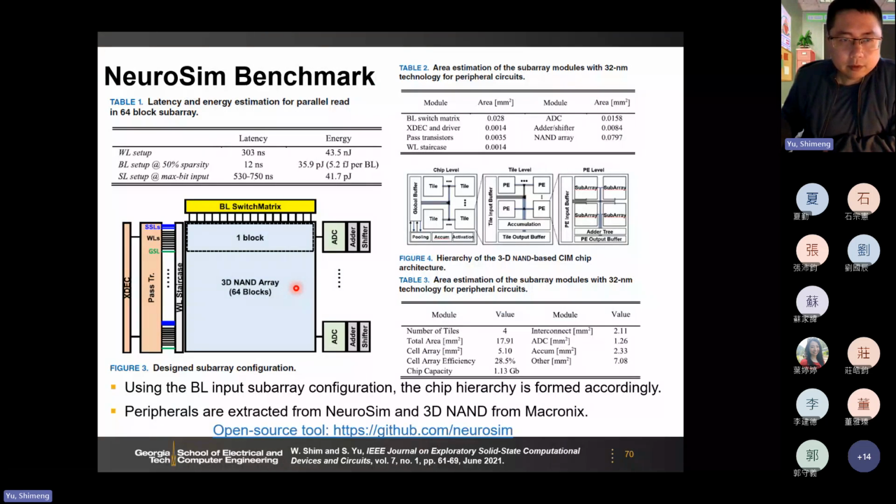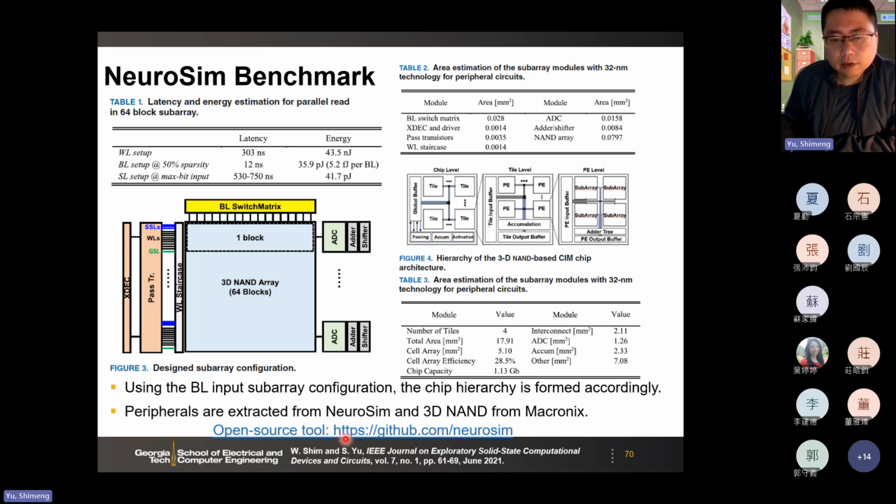Anyway, we have done some initial design with this bit line input for the vector matrix multiplication. We have modified the circuit a little bit for 3D NAND, added ADC and so on. I'll skip the details. Again, we use our NeuroSim benchmark framework, which I will discuss more in next week's lecture.